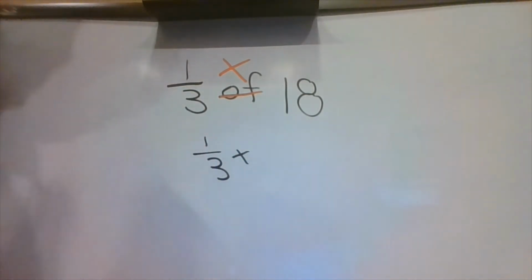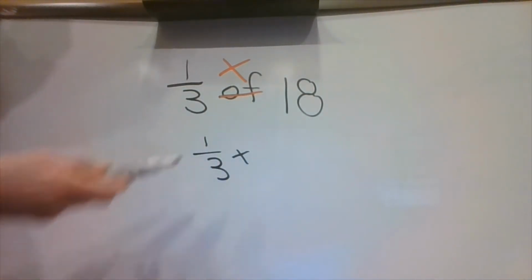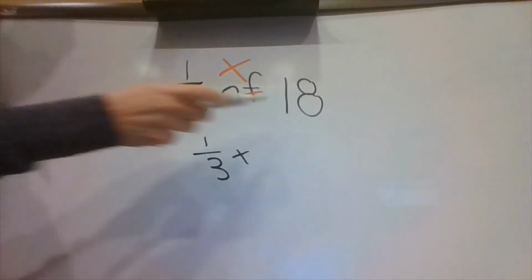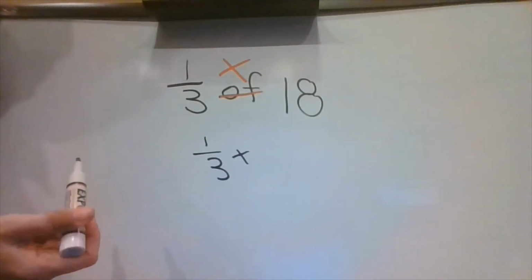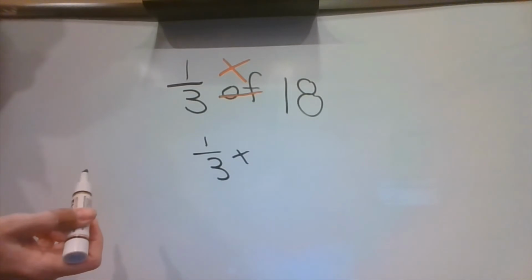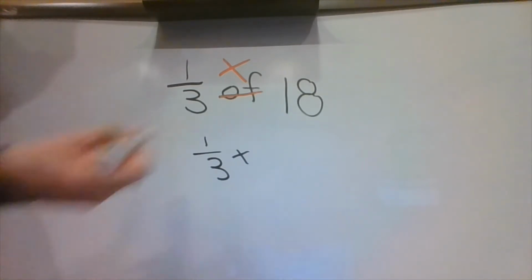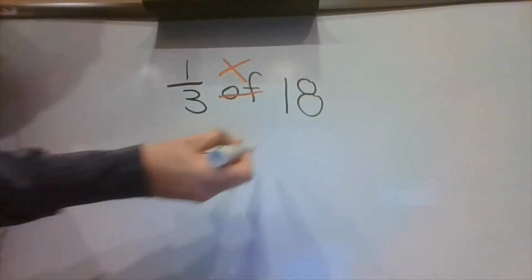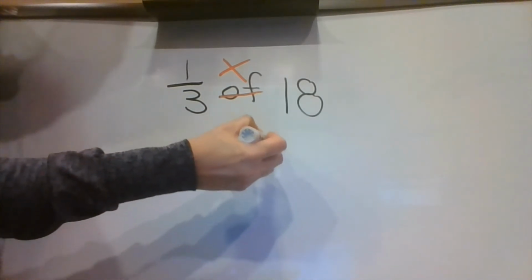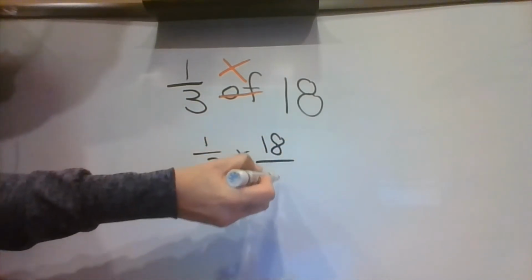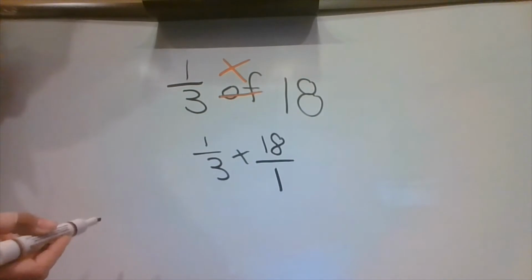The thing about multiplying this problem is you have a fraction, 1/3, and a whole number. In order to multiply a fraction and a whole number, you must turn the whole number into a fraction. The way you do that is by putting it over 1.